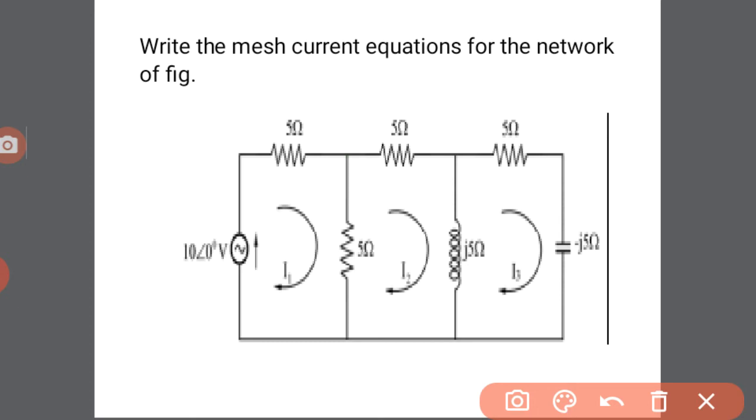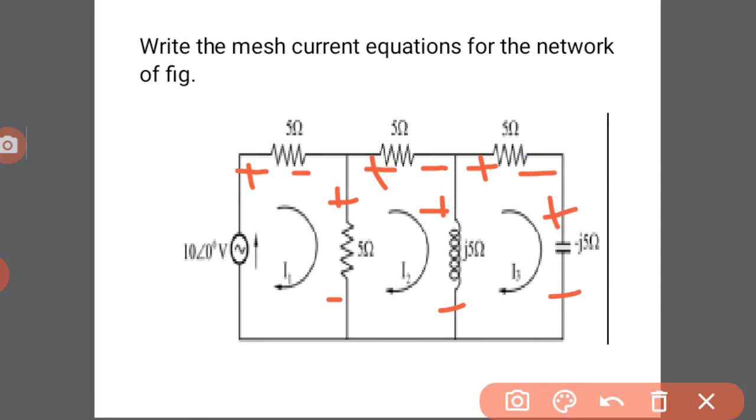There are 3 loops, I1 current, I2 and I3. Next just indicating the positive and negative signs, plus minus, again plus and minus, clockwise direction.